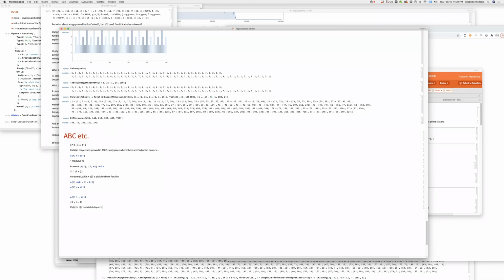But those also have to be powers, or something close to them.